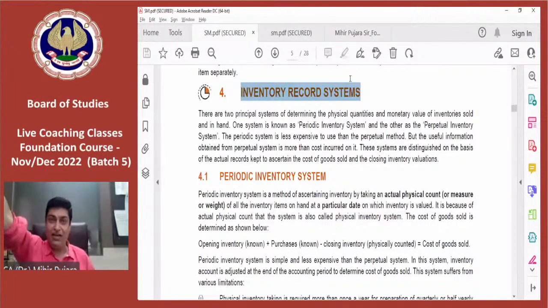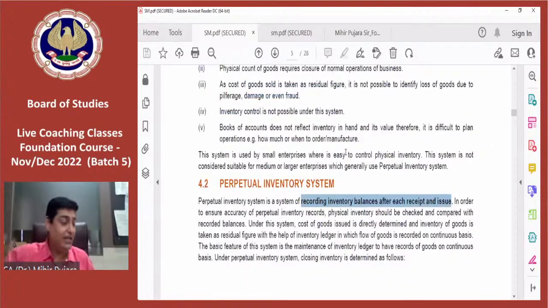And therefore, we don't depend blindly on physical counting. We do recording of inventory, and this is known as the perpetual inventory system.